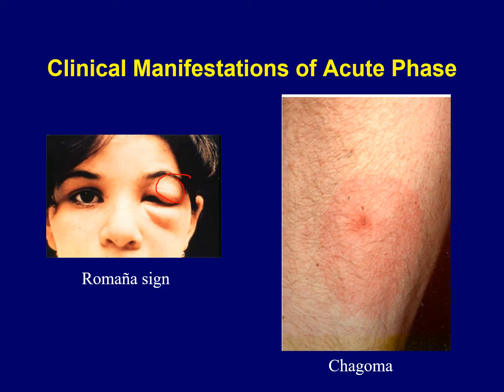And here you can see what's called a chagoma, where you see the indentation of where the triatomine bug took a blood meal, and the surrounding area has this inflammation. And other manifestations, like I talked about, are symptoms like fever, malaise, etc., very difficult to specify as Chagas disease.